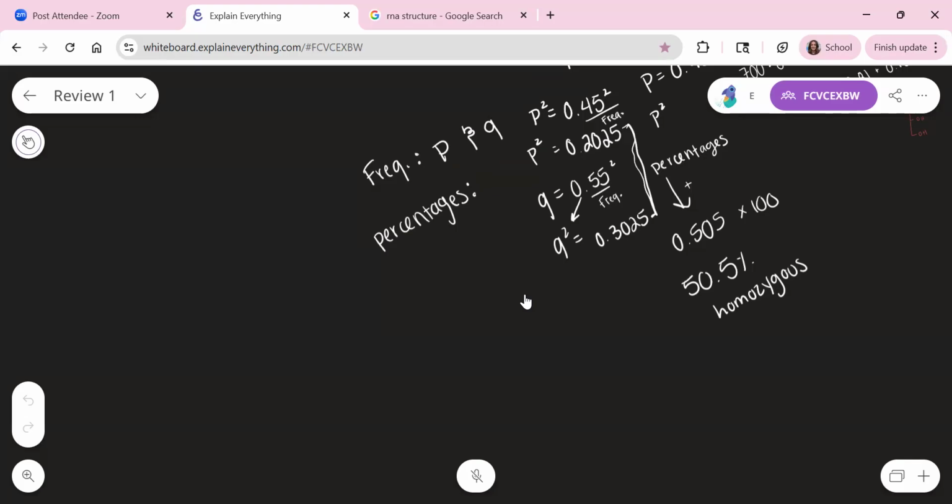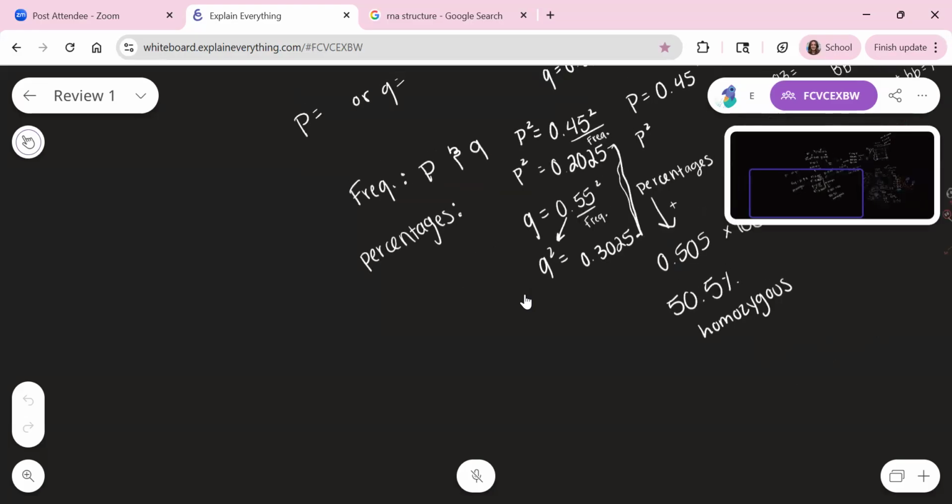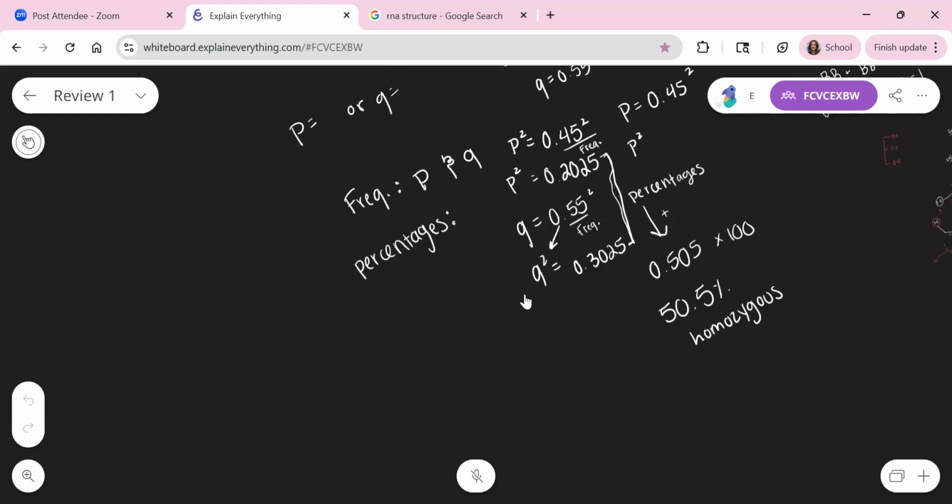So if you're given frequency, you can set it equal to P or Q. And if we're given percentages, this is when you're going to have your P squared and Q squared.